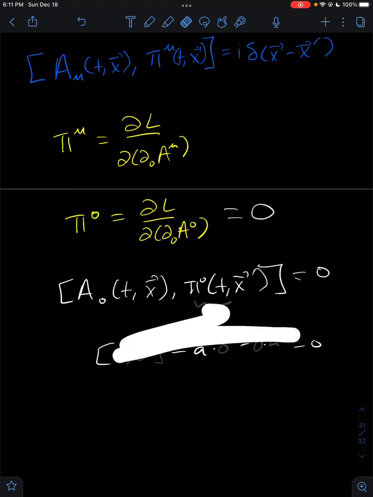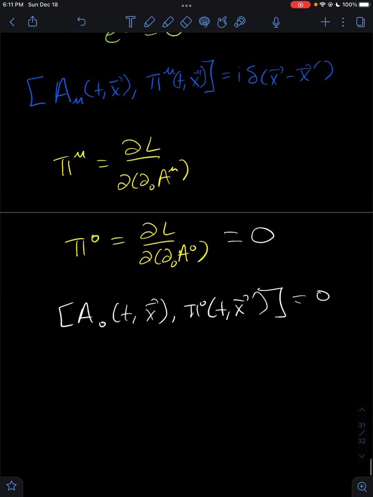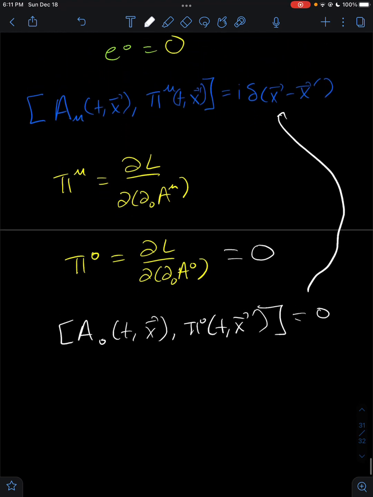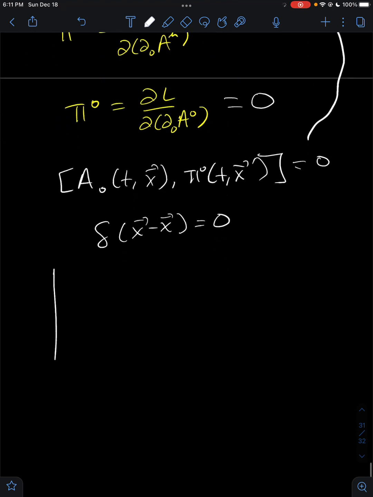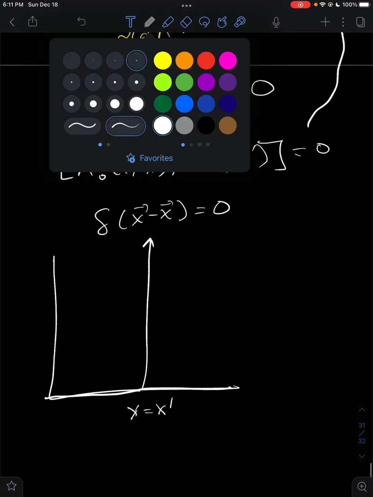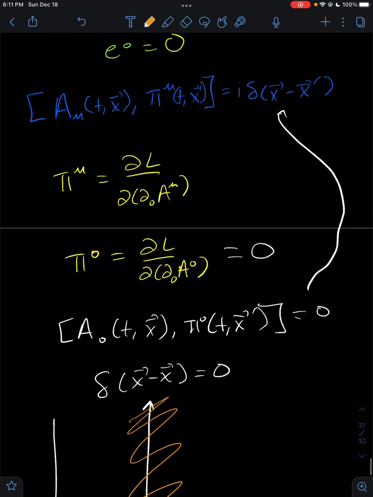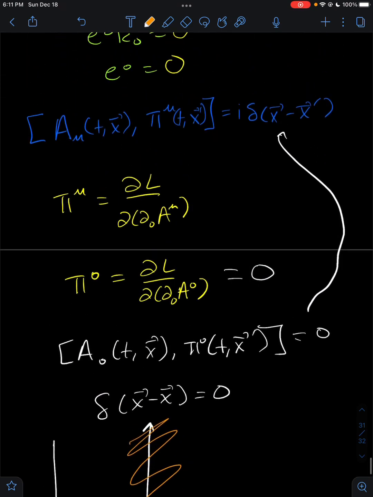So this should be 0. But we just said before that it's going to be the delta function, right? And that's a problem, because that implies that the delta function of x minus x prime is equal to 0. But that's a contradiction, because the delta function is a distribution that peaks at x equals x prime and is 0 everywhere else. If it was truly 0, there would be no peak at all. So we have a contradiction here, which is of course a big problem.